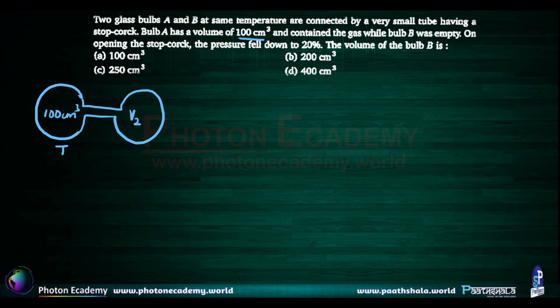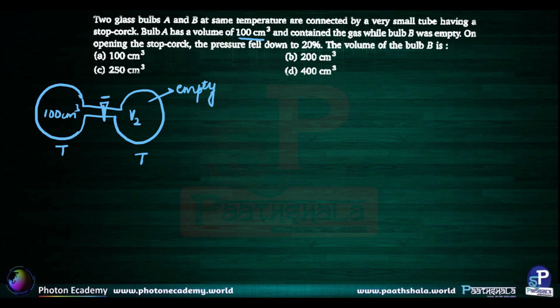They are both at the same temperature, and bulb B is initially empty. So when the stopcock is opened, which was blocking this way, the pressure fell down to 20%. Now find the volume of bulb B.